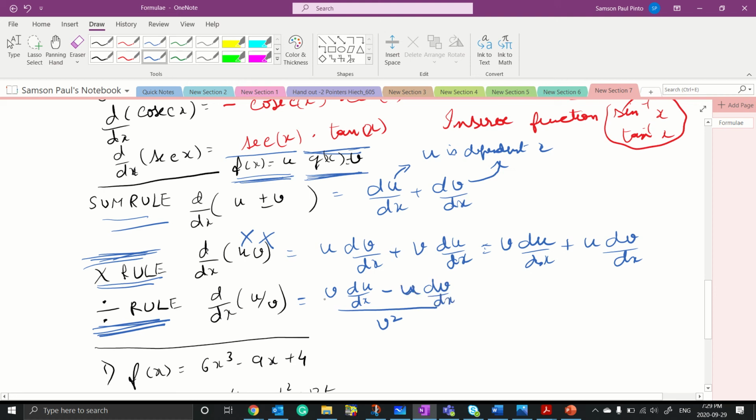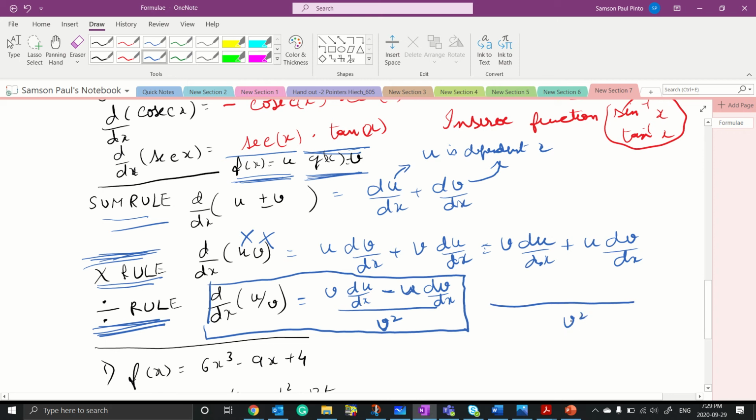Please note that this formula cannot be changed to u dv by dx minus v du by dx. This is not equal to that, and here the denominator term is always v square.